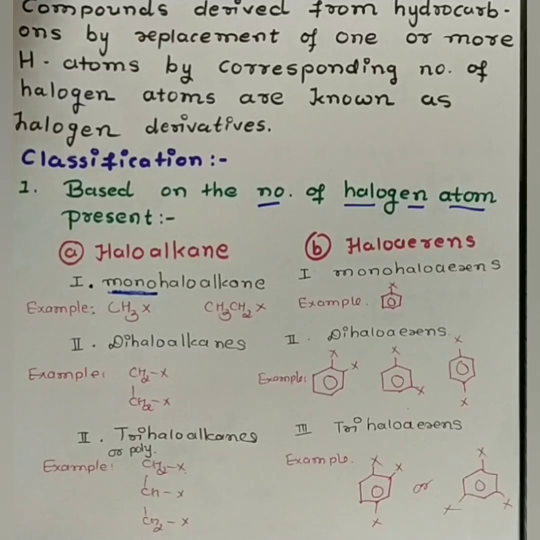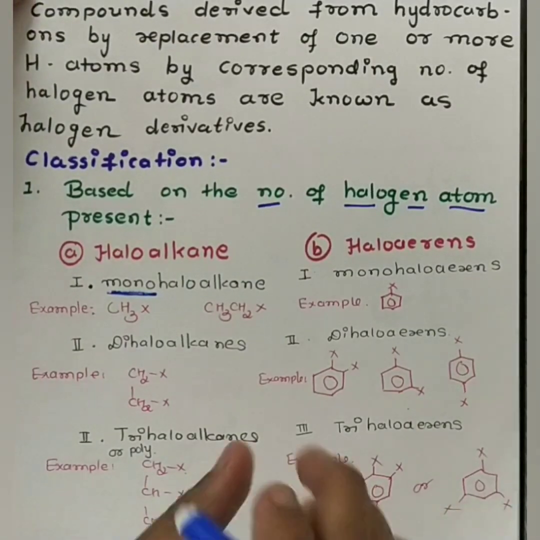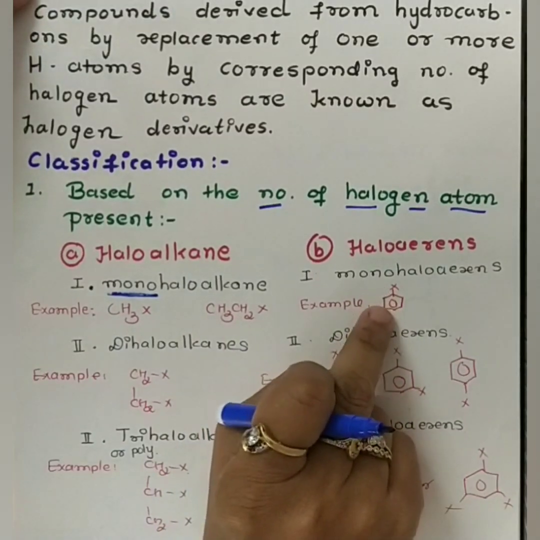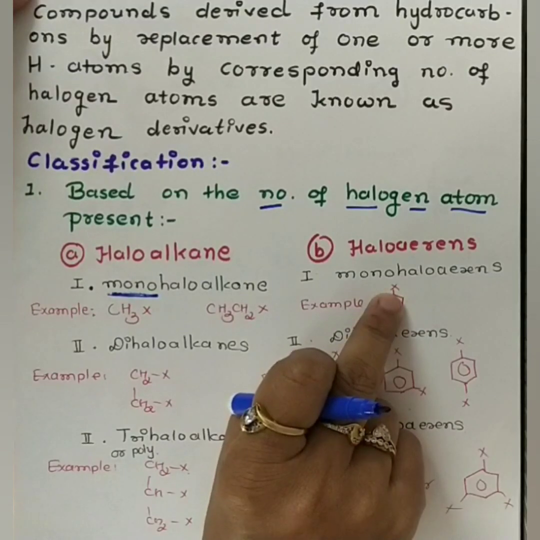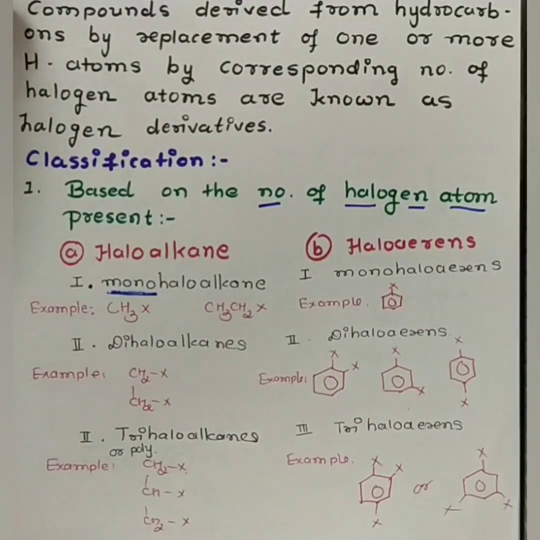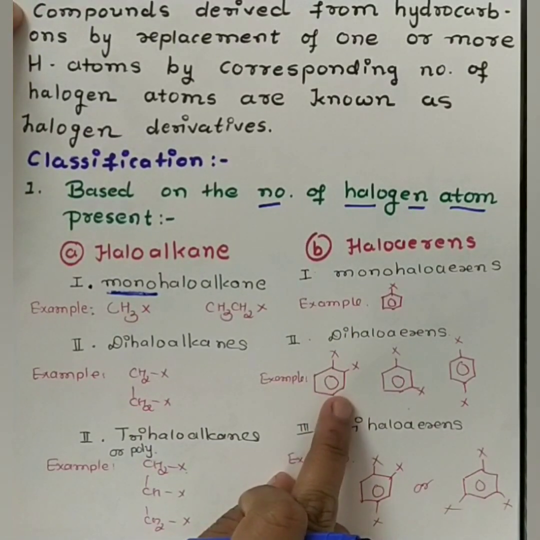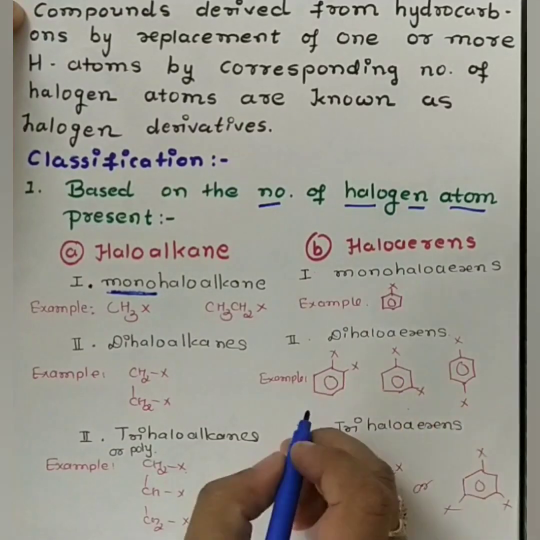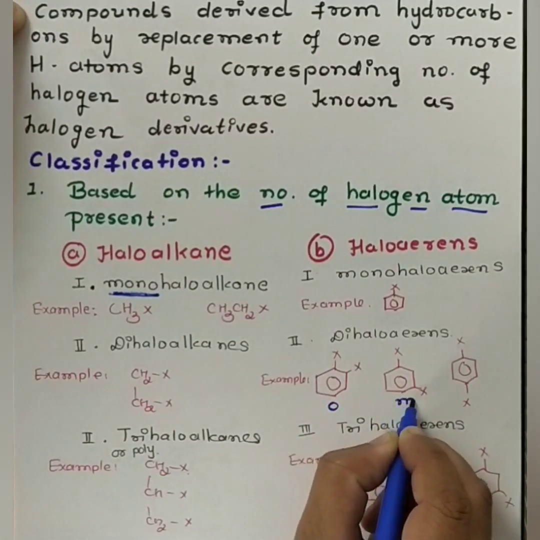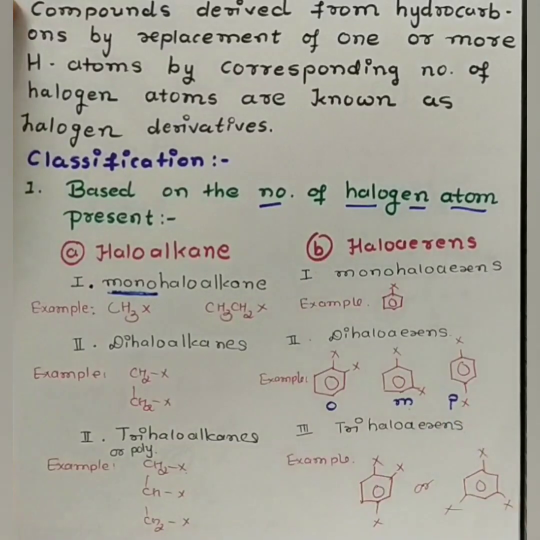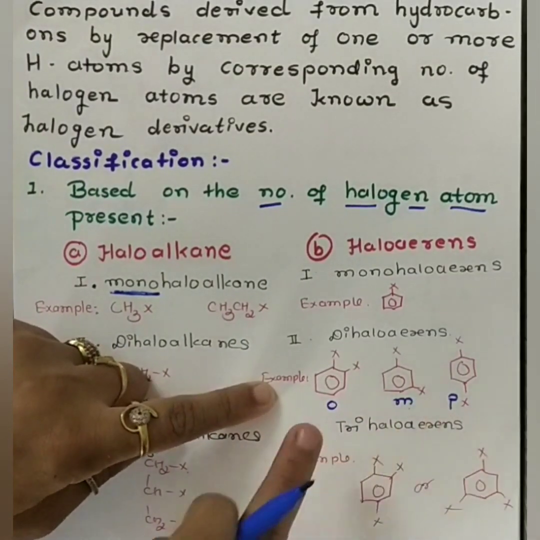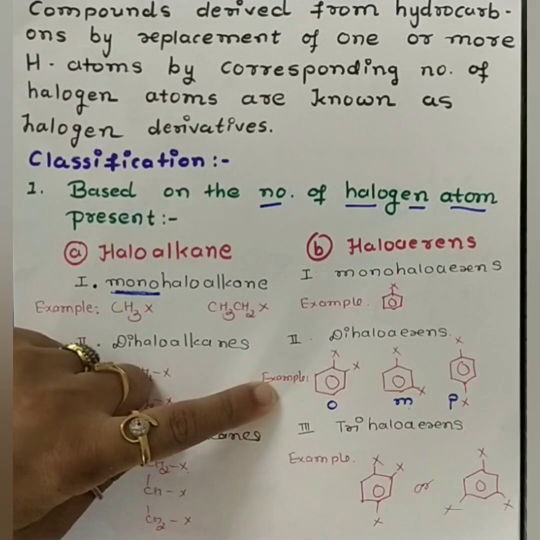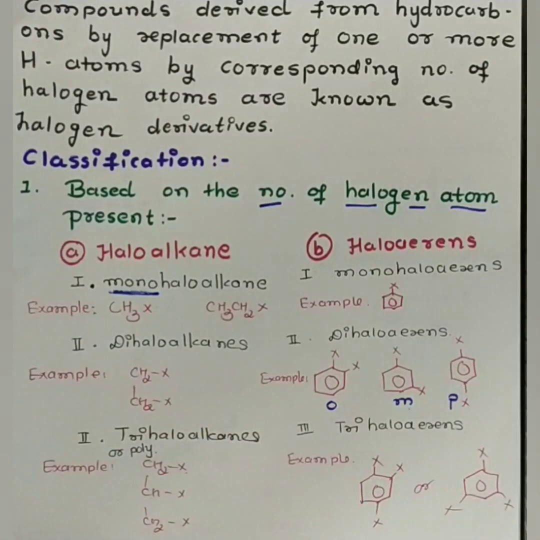Poly means many. Similarly in haloarenes, if one halogen atom is attached to the aromatic ring, then it is a monohaloarene. For 2 halogens, there is a possibility of 3 structures: ortho, meta and para. This is the basic structure. With the basic structure, you have to mention one example each.